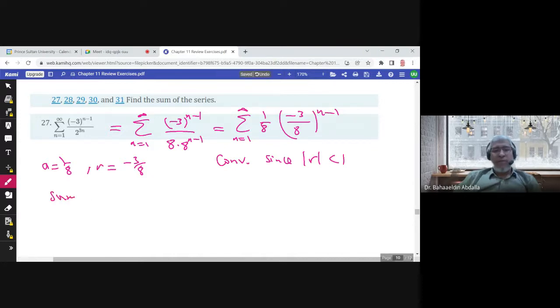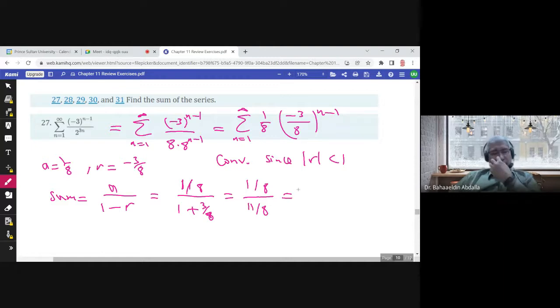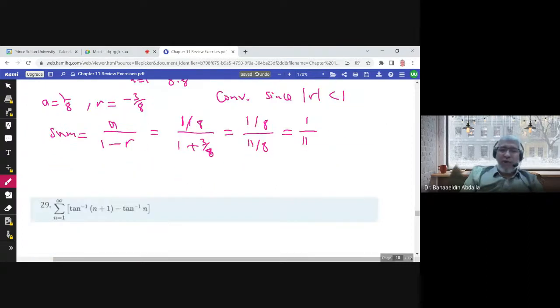So the sum is a over 1 minus r. A is 1 over 8, and here 1 minus minus, so plus 3 over 8. So it's 1 over 8 over 11 over 8. If you multiply by 8 over 8, you get 1 over 11. So the sum of the series is 1 over 11.